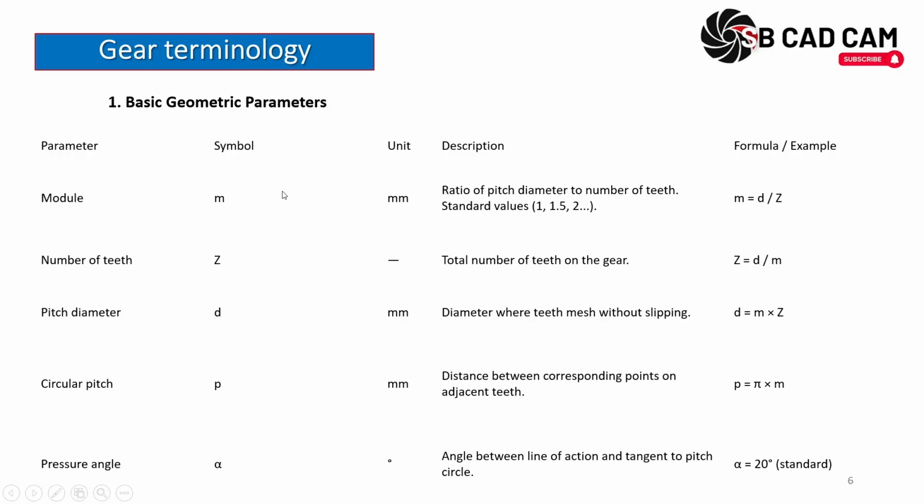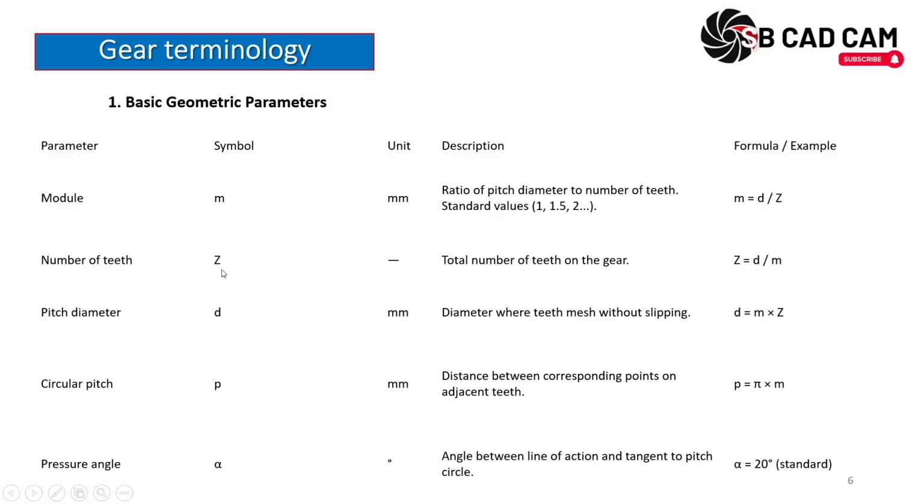If we have a gear we can calculate this module directly using the ratio between the diameter and the number of teeth. And there are standard values, as I told you, such as 1.5, and 2, and so on.